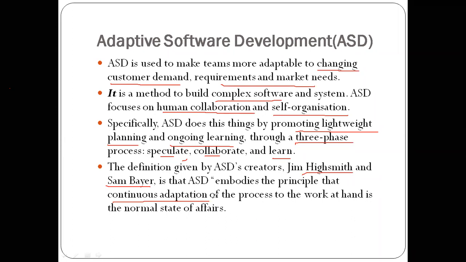So this is a process of continuously adapting changes on that particular project. Not only changes, but also changing decisions, changing your working nature, or it may be a technology, or it may be anything. You should be ready to accept everything and work on that particular project to complete it.